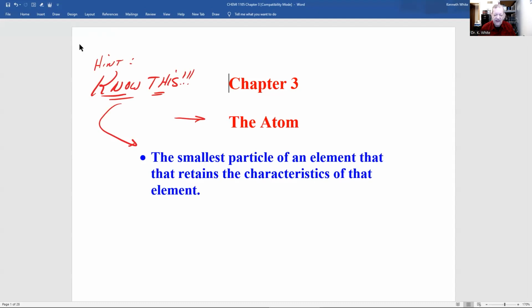It's the smallest particle of an element that retains all the characteristics of that element. So if I had atoms of gold, it would have all the characteristics of gold. If I had atoms of sodium, it would have all the characteristics of sodium.